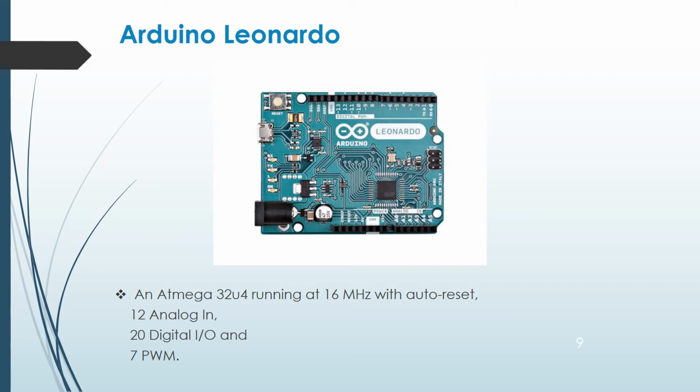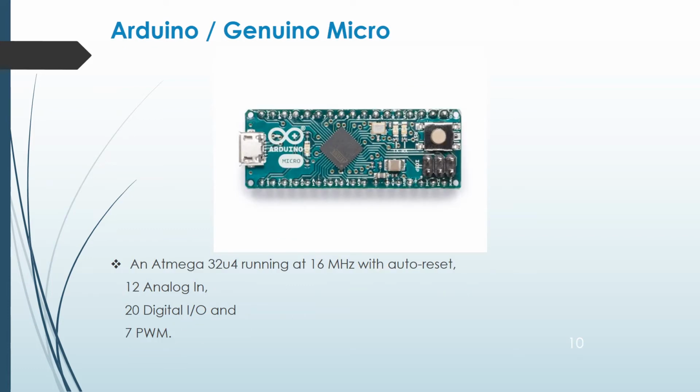This is an ATmega32U4 running at 16 MHz with auto reset facility, 12 analog inputs, and 12 digital input output and 7 PWM pins. Next is Arduino Micro, an ATmega32U4 which is running at 16 MHz with auto reset facility, and it is having 12 analog inputs with 20 digital input output with 7 PWM.